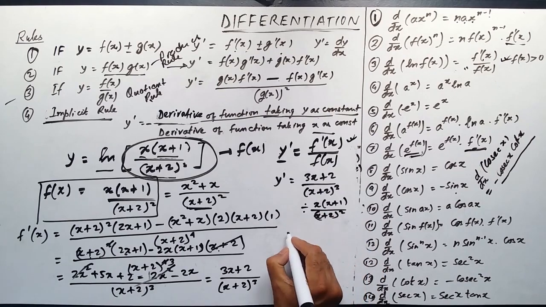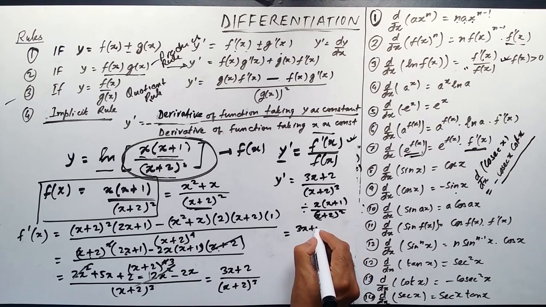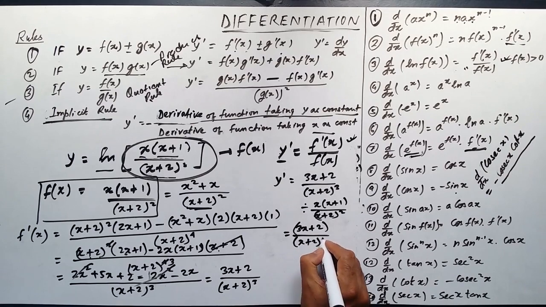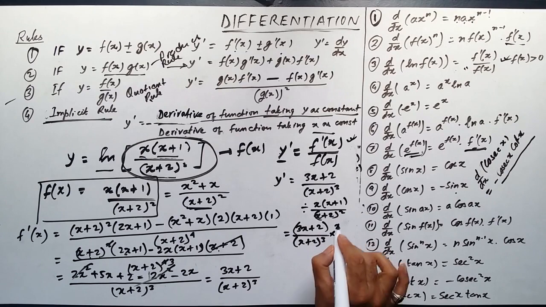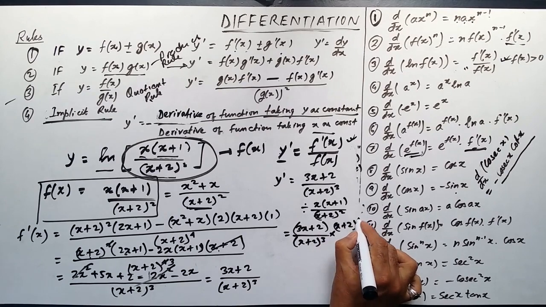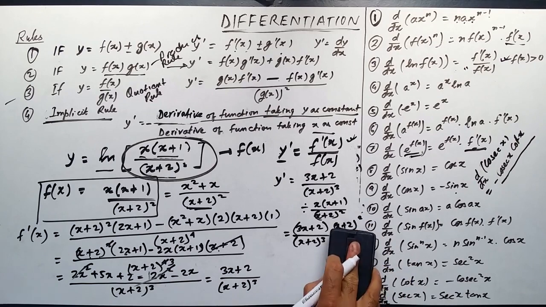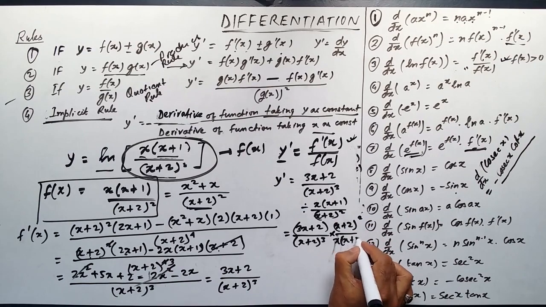Okay, so now since this is a division, if we multiply, it becomes 3x plus 2 upon x plus 2 whole cubed multiplied by, this will go to the top, x plus 2 whole squared upon x into x plus 1.